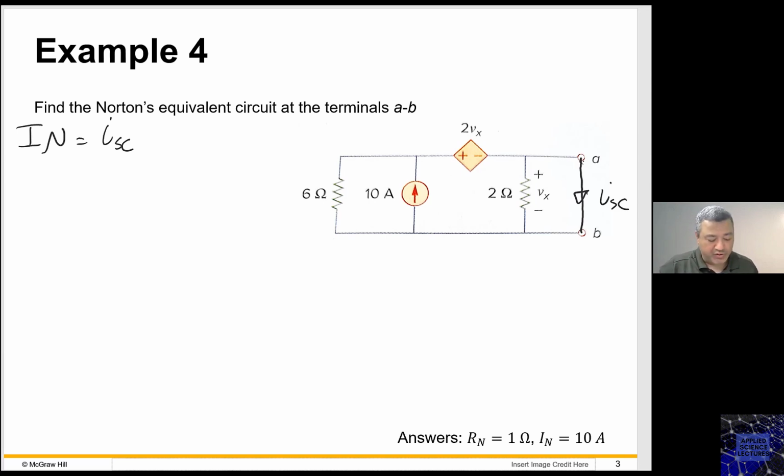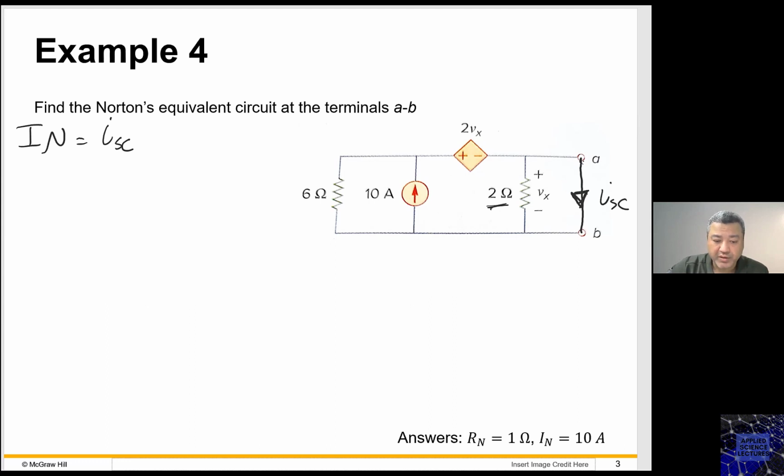After I put this wire, I shortened the output of my circuit. What's going to happen to that 2 ohm resistor? Can somebody tell me what is going to happen to the 2 ohm resistor after I shortened the output?